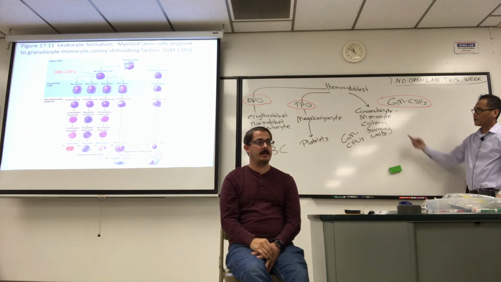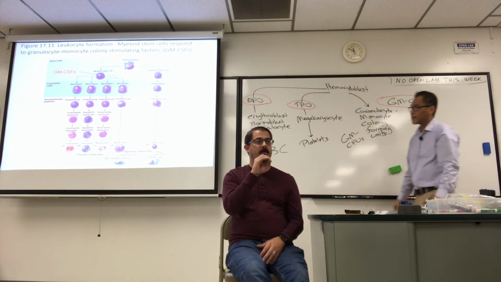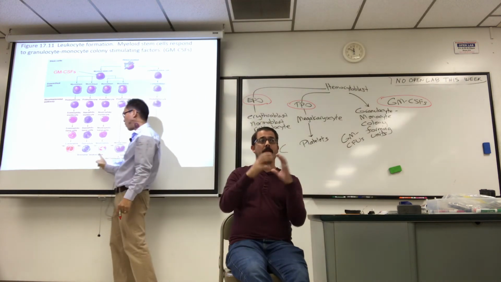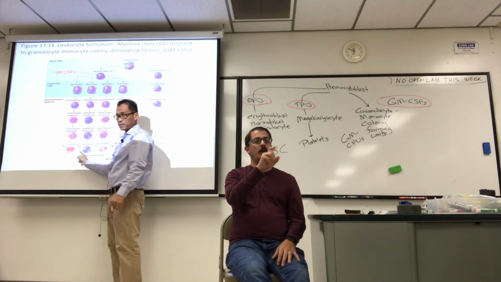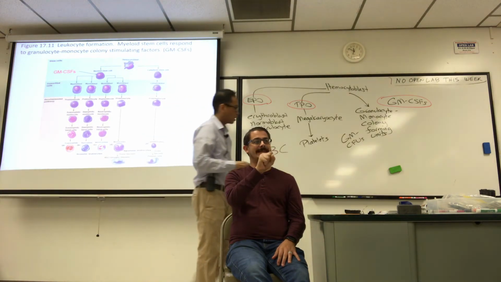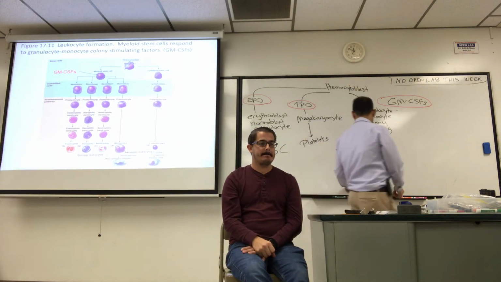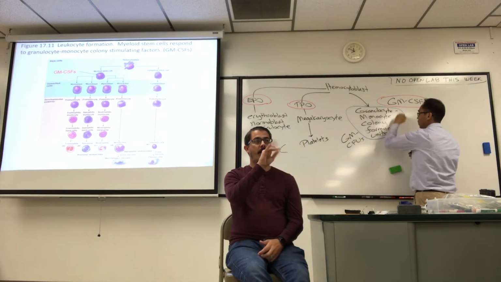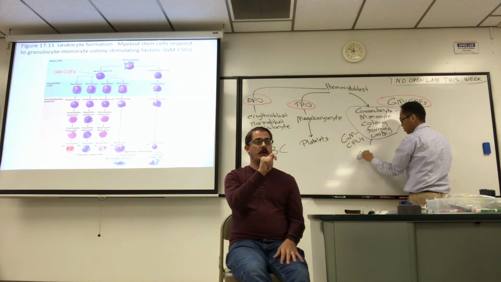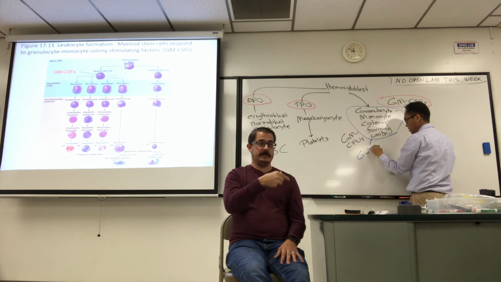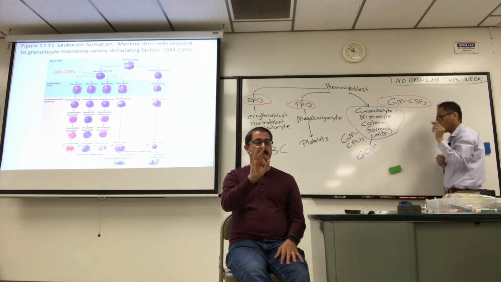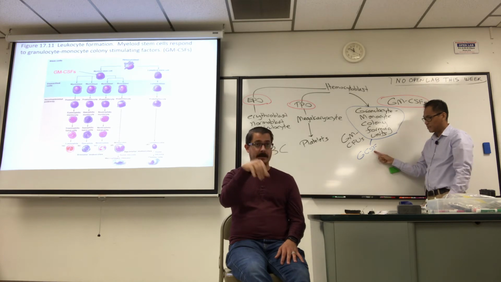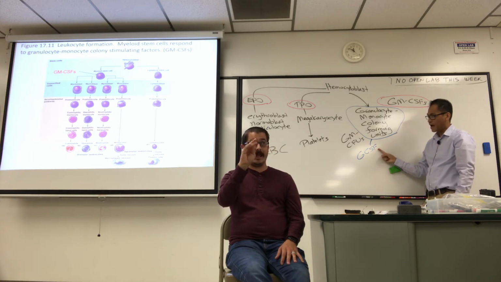Once you get these colony-forming units, what you should see is that on this arm over here, all of these cells are forming one of the granular leukocytes. So out of these colony-forming units, on the one hand, you're going to get G-CSF, which stands for granulocyte colony stimulating factor.